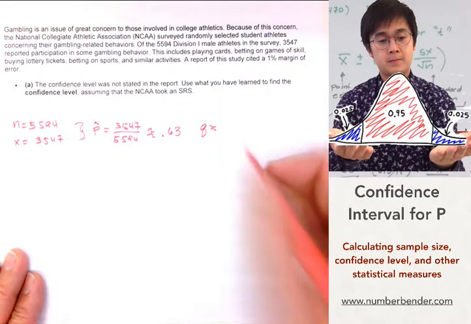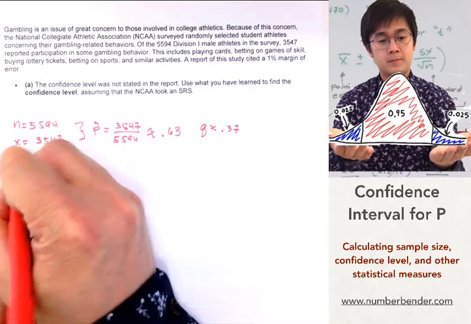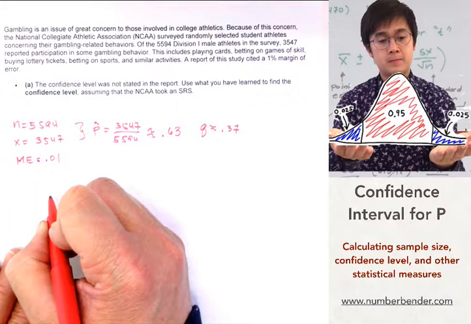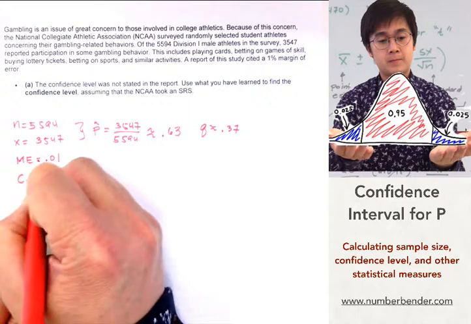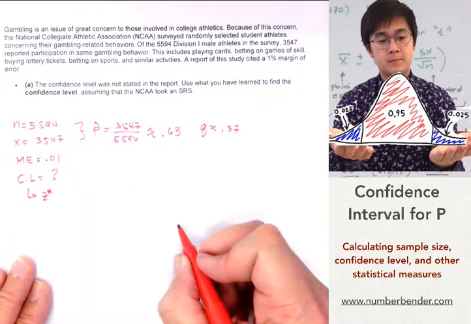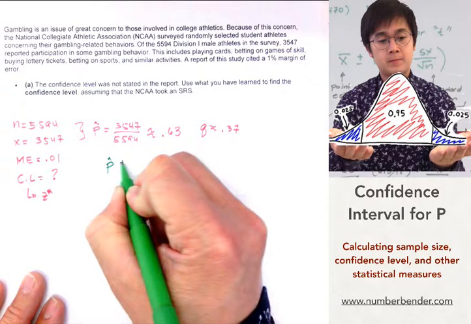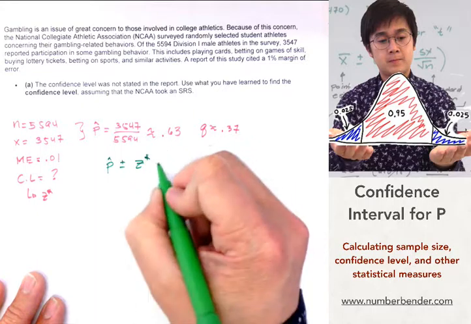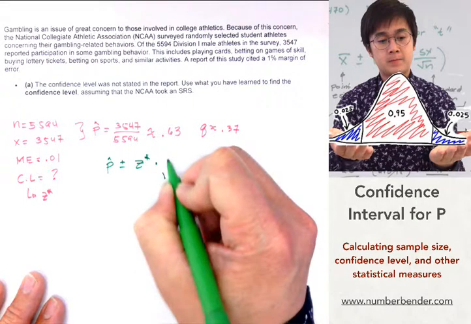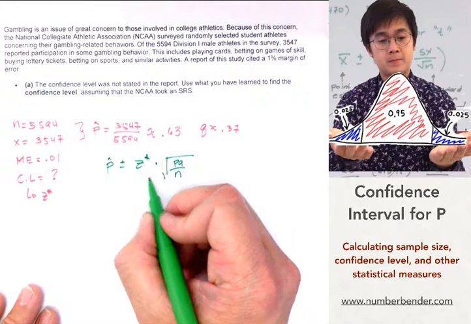The margin of error is 1%, so 0.01, and we need the confidence level. This means we need the Z star to find this value. So, using our formula for the confidence interval again, P hat is plus or minus Z star times the square root of PQ all over n. Since we need to get Z star, we divide both sides by the square root of PQ all over n so it cancels.